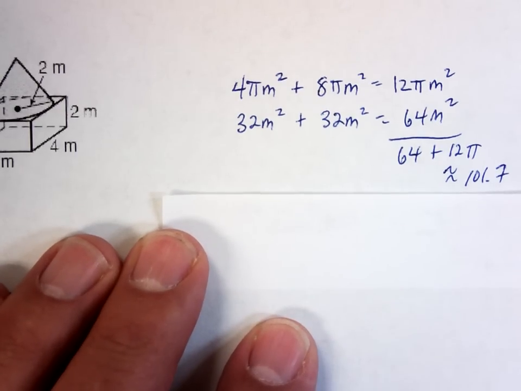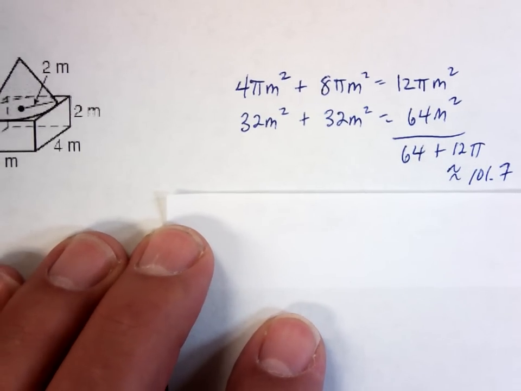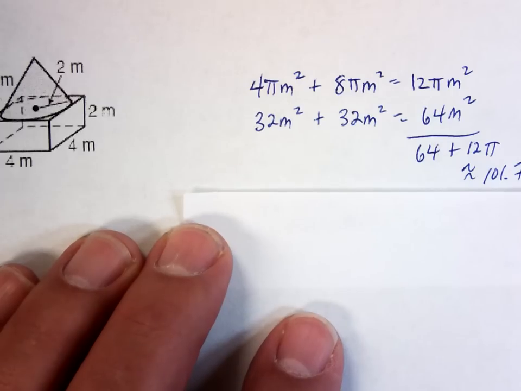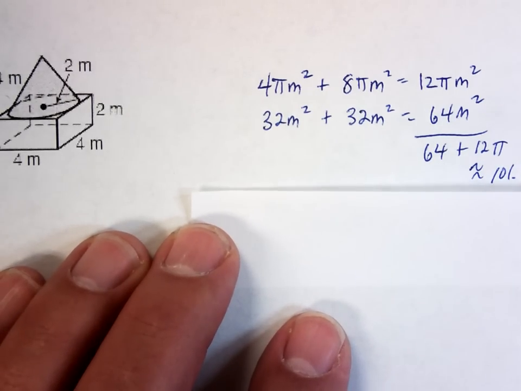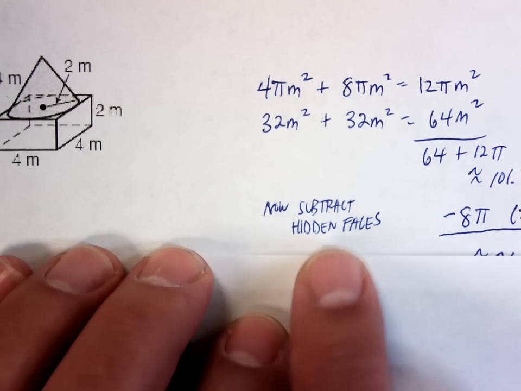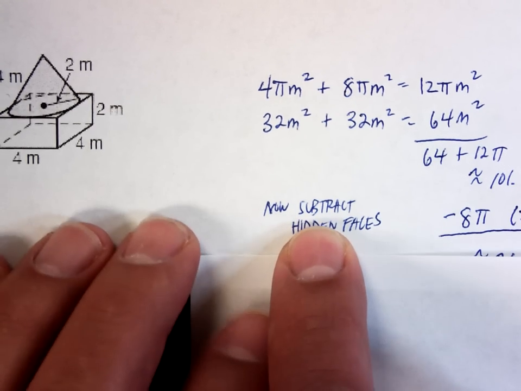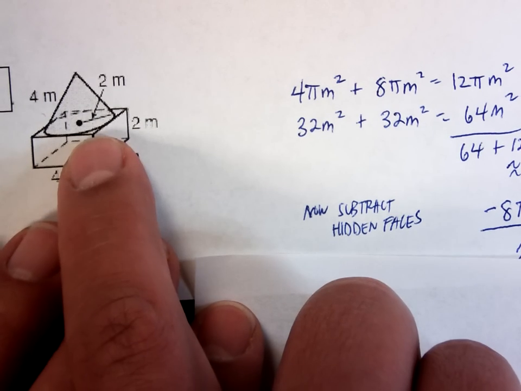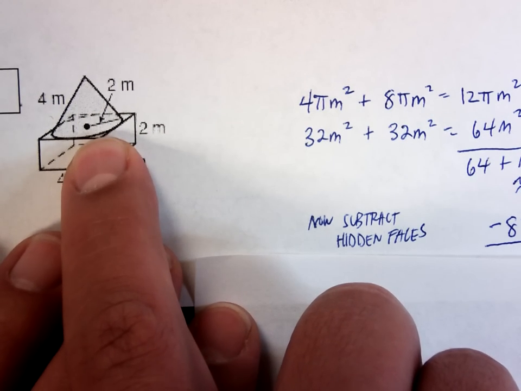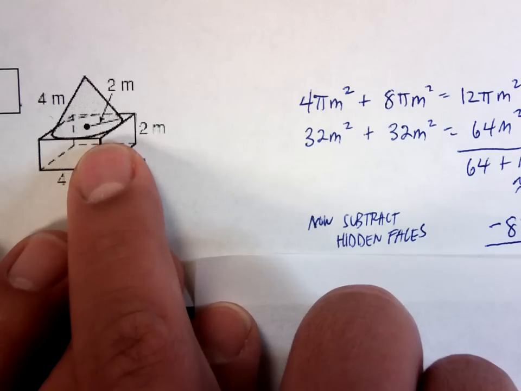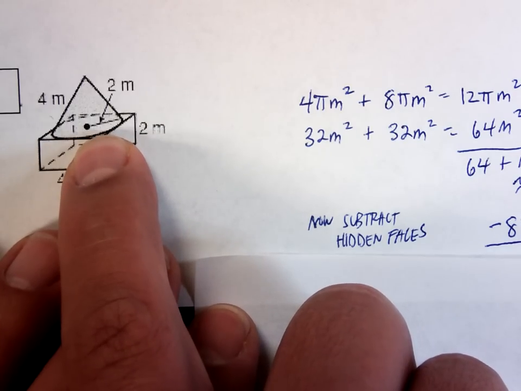But what two faces are being shared? Notice the bottom of that cone is being covered up, and that circular region on the top of the prism is also being covered up. So I have to subtract those. So now we're going to subtract the hidden faces. What is the area of that face that they share? It's that circle. What's the area of the circle? That area is 4 pi.